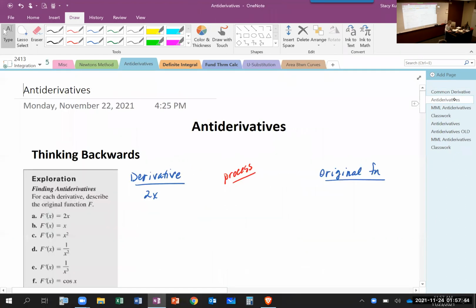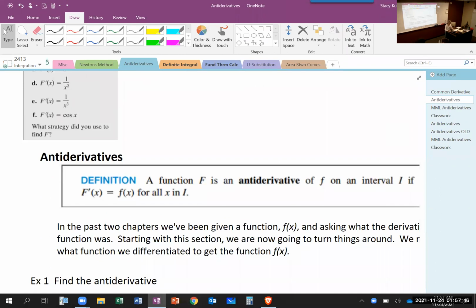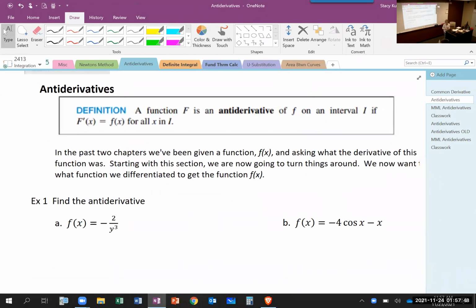So we have to be familiar with our derivatives enough to be able to undo them, hence the reason why I'm suggesting that you keep memorizing and practicing with your derivative functions. An antiderivative is defined as the function capital F. It's an antiderivative of little f on the interval I, as long as the derivative of capital F is equal to f of x.